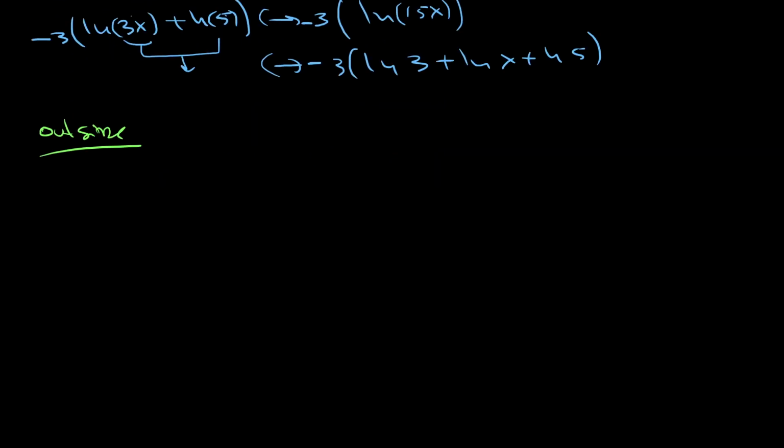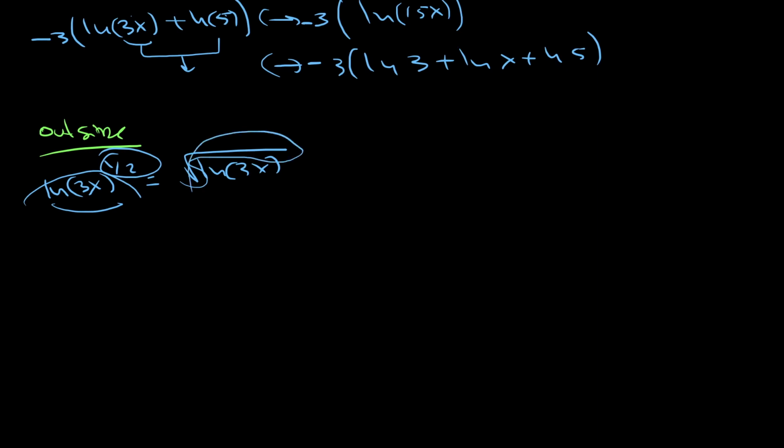Let's continue. In the beginning, we started with this one. So we have something like ln of 3x, and then outside, this is what we have. This is the same thing as saying the square root of what's inside. In this specific case, what we have inside is the whole thing, because this exponent is kind of an umbrella over the whole thing, and this is what we have right here.